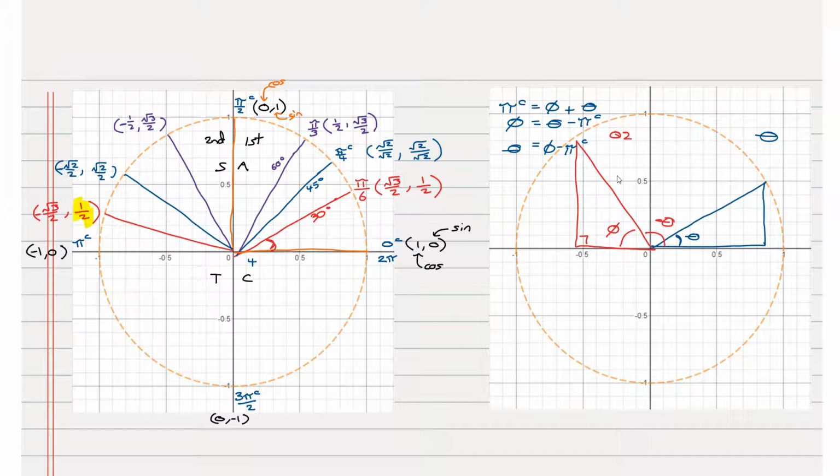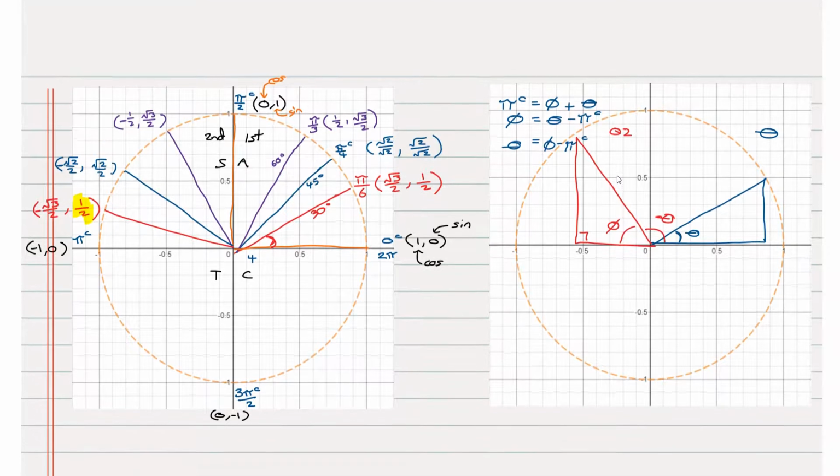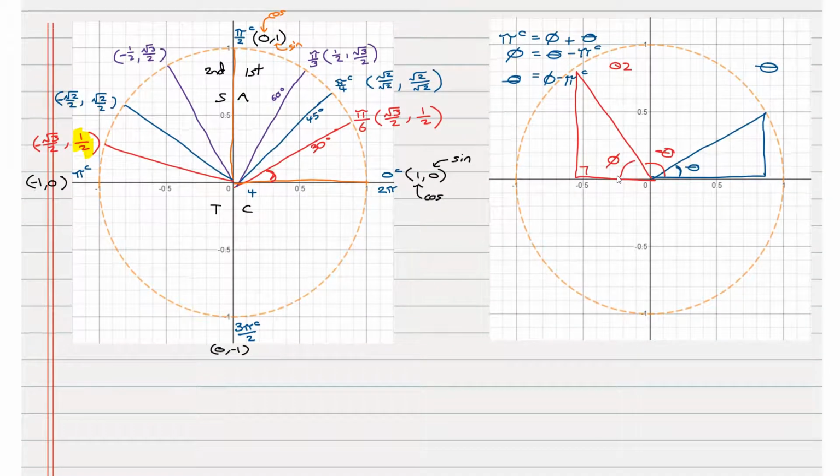So if we wanted to find the exact value for this position here, for this red one here, I'll do it in red so it makes more sense, theta equals pi minus pi on 6, and what we find is that equals 5 pi over 6.